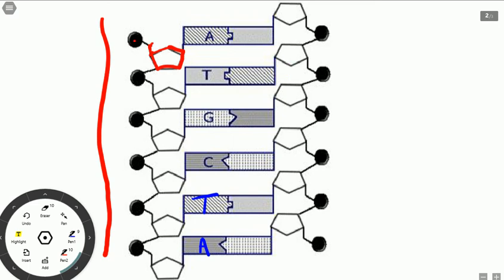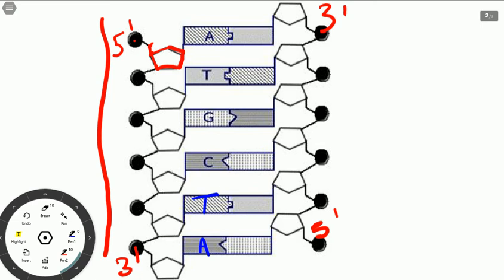We have a phosphate group on the very end. And so this is going to be the 5' end, which makes this end the 3' end. And on the other side, you can see right here you have the 5' end, and right here would be the 3' end.